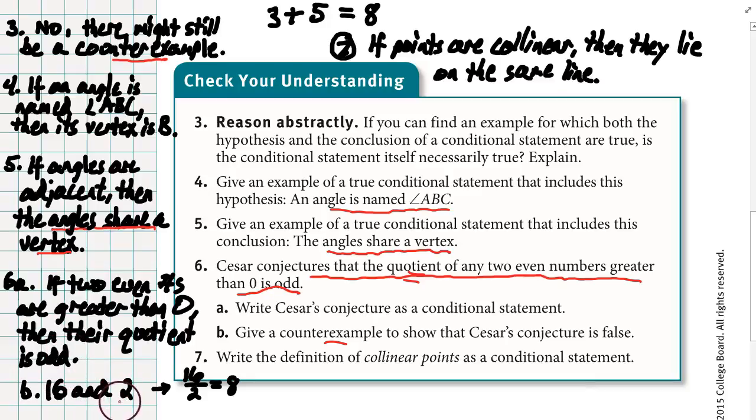Those are both even, they're both greater than 0. If we divide them, it makes 8, which is not an odd number, and so this would show that Caesar is wrong. Number 7, write the definition of collinear points as a conditional statement. I've got that up at the top of the screen. If points are collinear, then they lie on the same line.